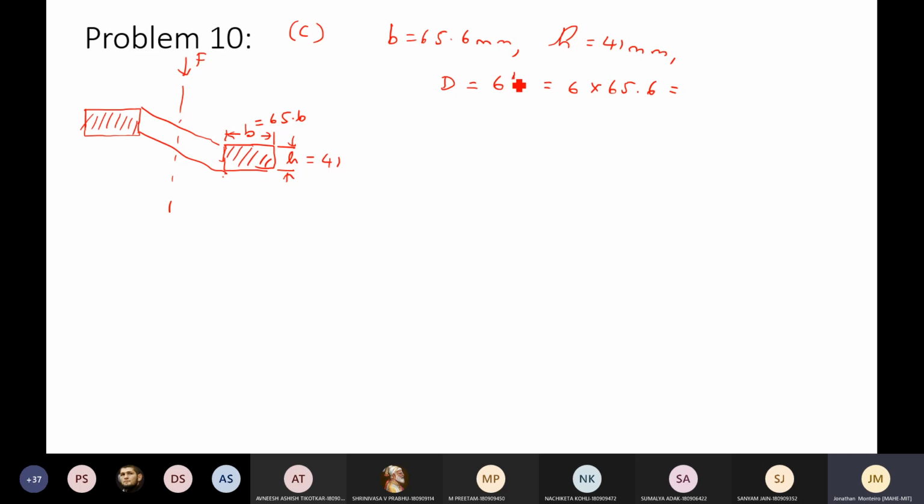This will change now. D value is considered from here to here, so definitely there is a change. So all these values will change. D will be 6 times 65.6. Earlier it was 41. Now you have to change it. So it is 241.08. Just check the calculations later. 241.08. K value will remain as it is because C won't change.